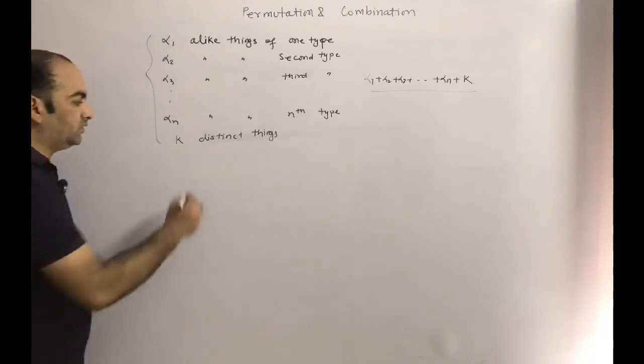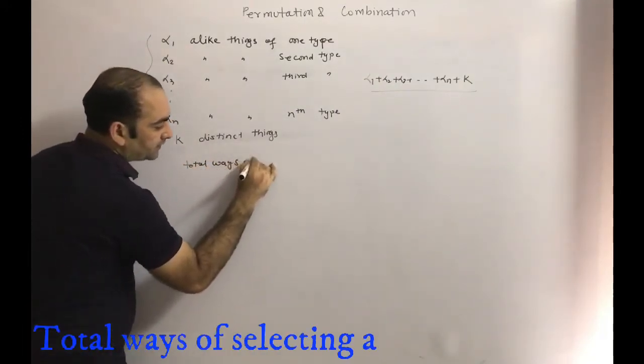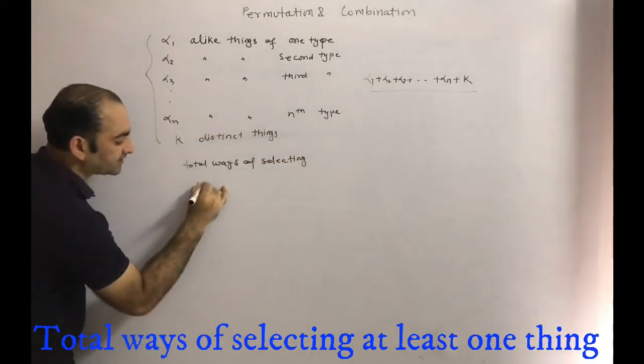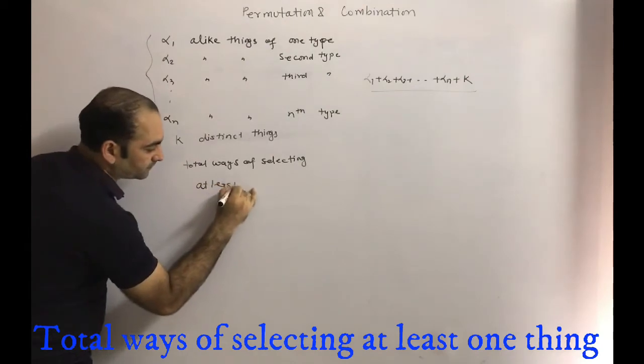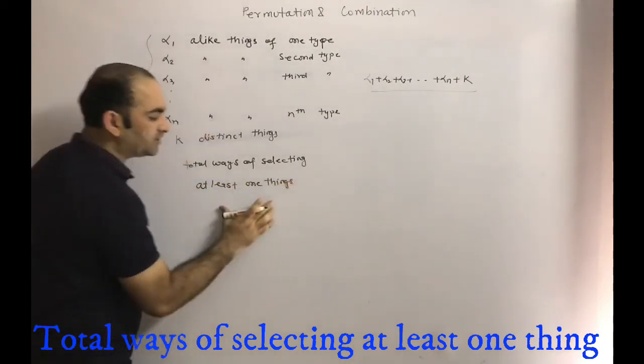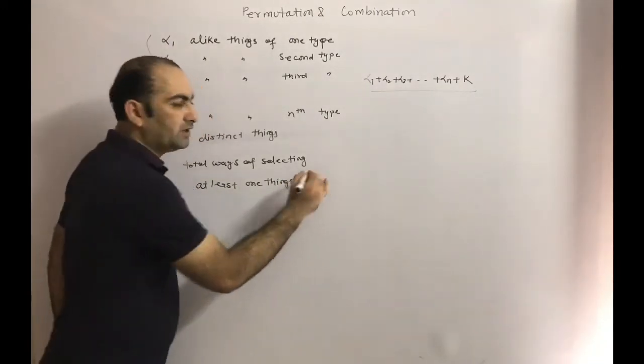Now if you want total ways of selecting at least one thing, that means we are selecting one or more than one things. So what will you do? There are total ways.